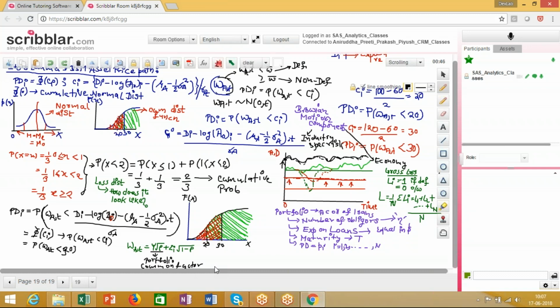This is that factor, or that set of factors, to which all the firms are exposed. For example, if you think about the 2008 financial crisis, the movements in housing prices were a portfolio common factor.